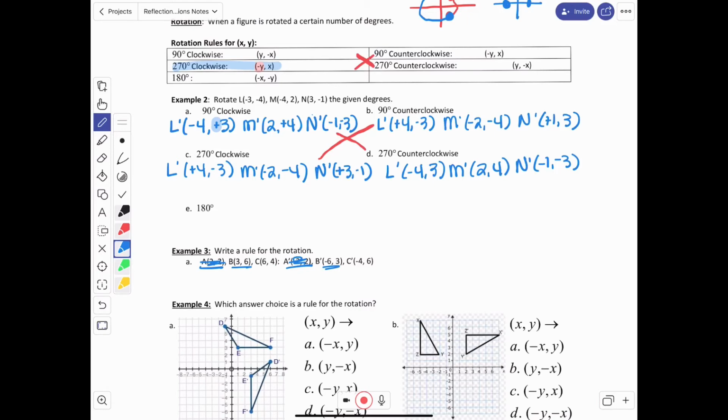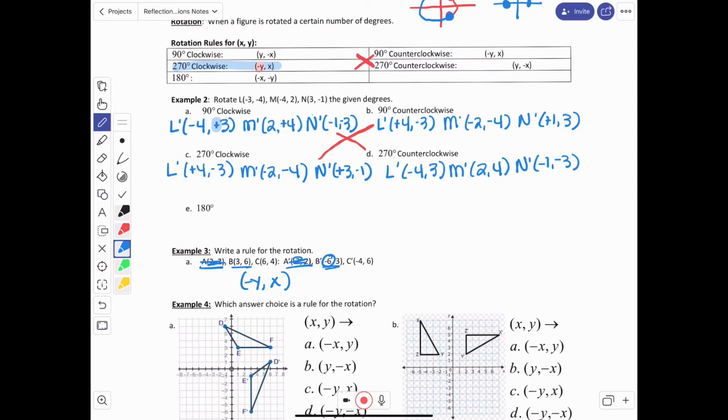So I know it's not a 180 rotation because the X and Y's have been switched. I know they've been switched, okay? So once they were switched, this one became negative. I noticed that my front one changed signs, okay?